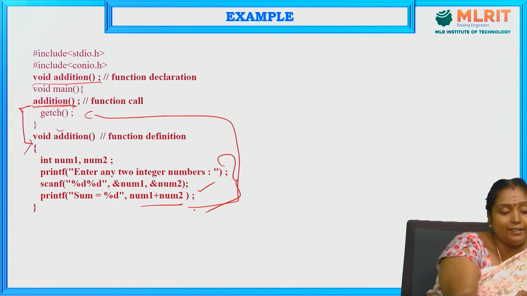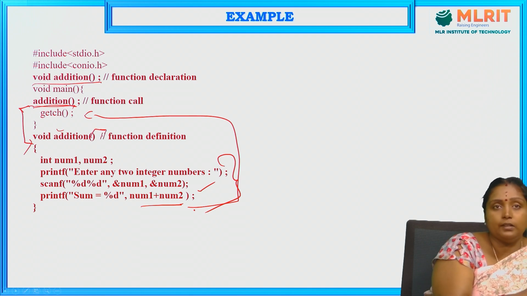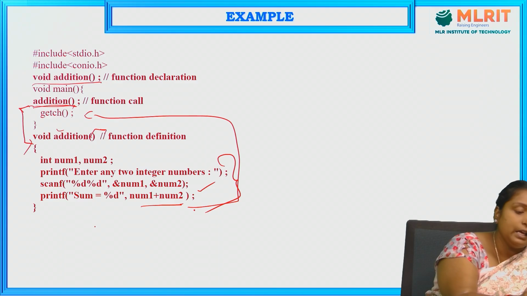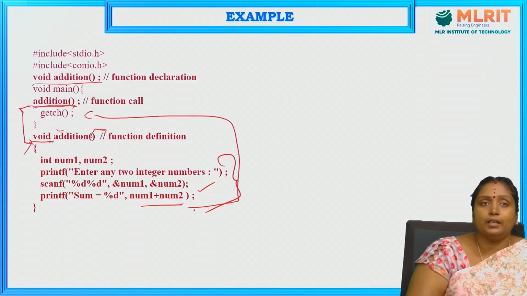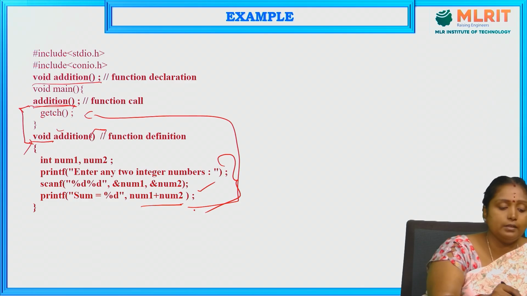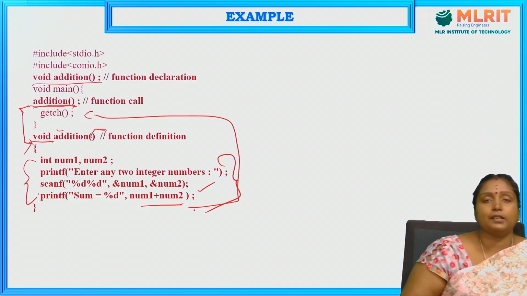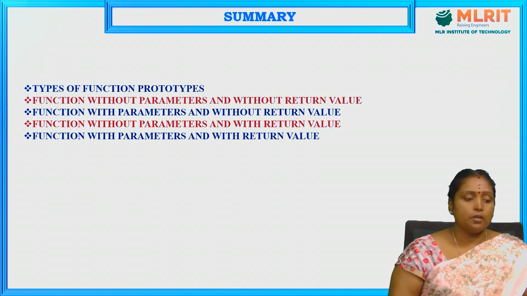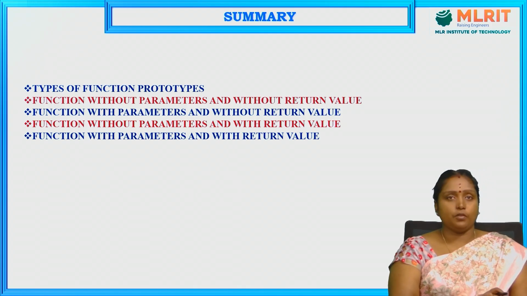So there is no parameter passing, no data transfer from the calling function to the called function. Similarly, nothing is returned from the called function to the calling function. It performs this particular task and comes out of the function. So this is all about the types of function prototypes.